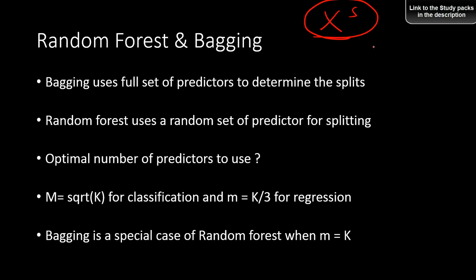In random forest, we try to increase the randomness. That means instead of taking all x variables, let's say you have 10 x variables or 10 independent variables, instead of using all 10 in each sample, you randomize it.